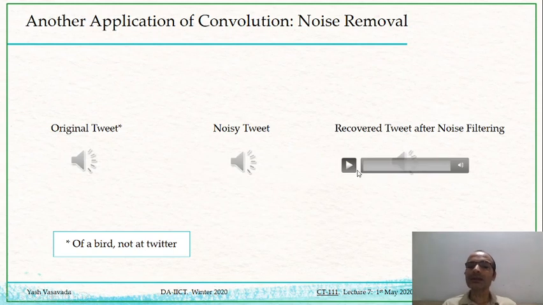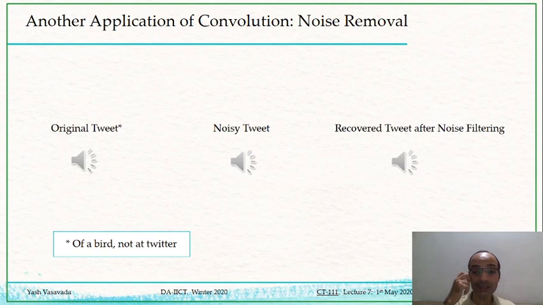Now it turns out that if you take this audio signal, which is very noisy, and if you pass it through a system which essentially performs the convolution operation, you get back the original tweet, the audio of the original tweet.